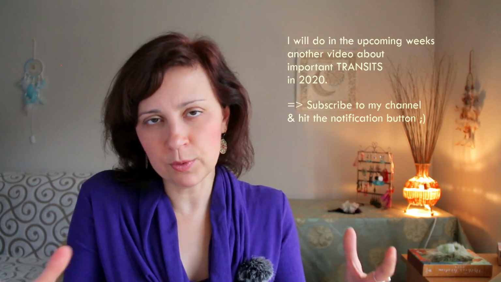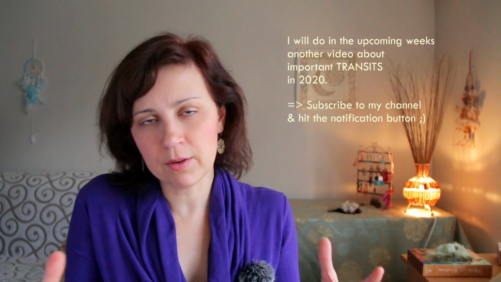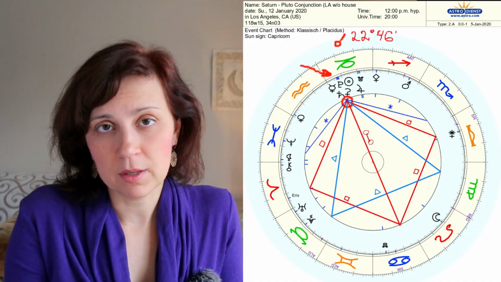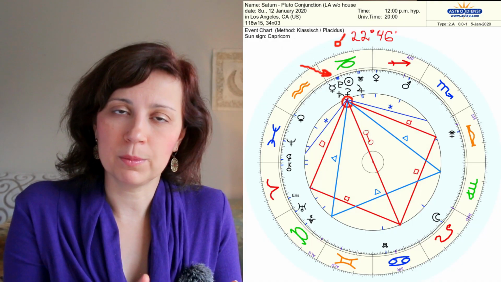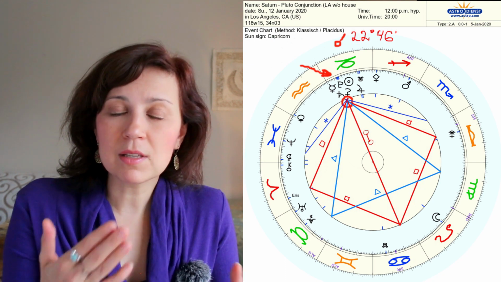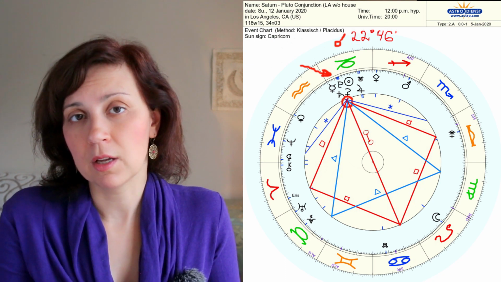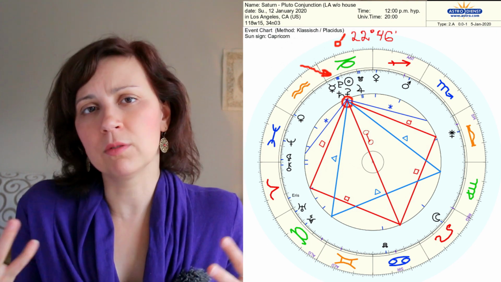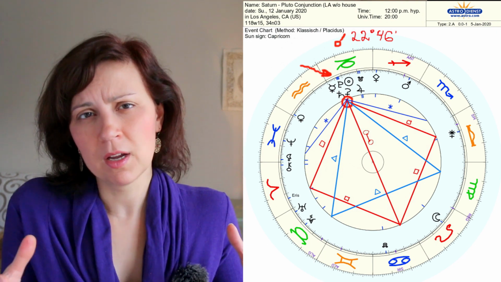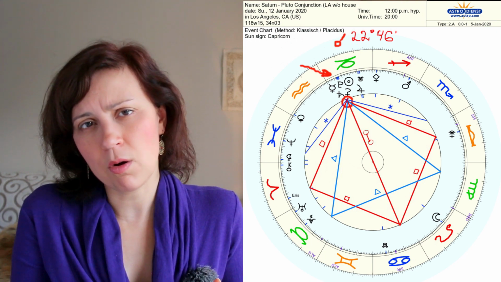And if it's trining or sextiling or conjunct your Moon, this is very, very powerful. It can help you to integrate yourself and to let go of something which is not necessary. If it's squaring your personal planets and ascendant, that's a little bit more challenging energy. That would probably make you let go of something which you're very resistant to letting go of.